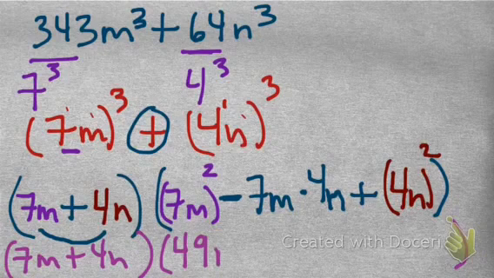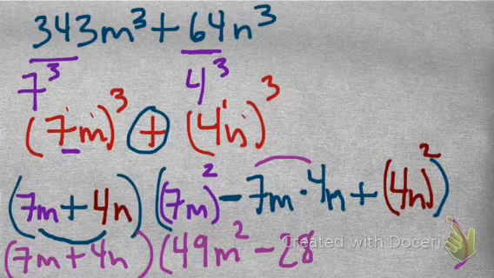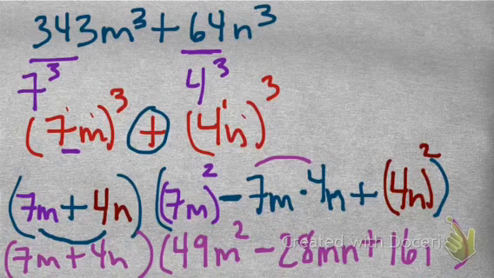It's going to come in and give me an m squared. Then I've got minus 7 and a 4. 7 times 4 gives me 28. And then I have an m and an n. Since they're different, I just write them next to each other. Can't combine them. And then my 4 squared gives me 16. And then I've got an n that gets squared as well.